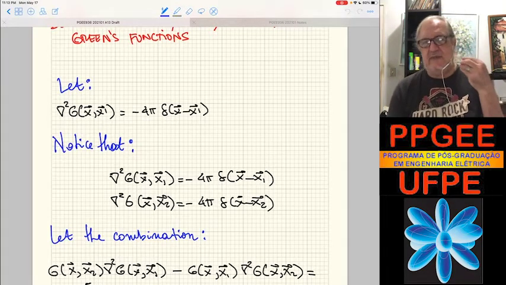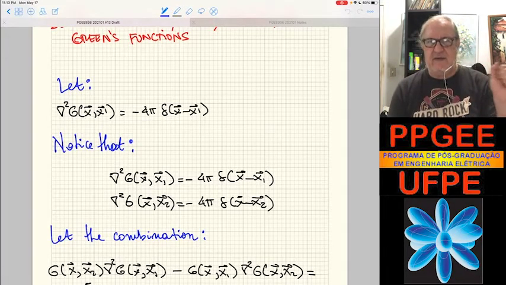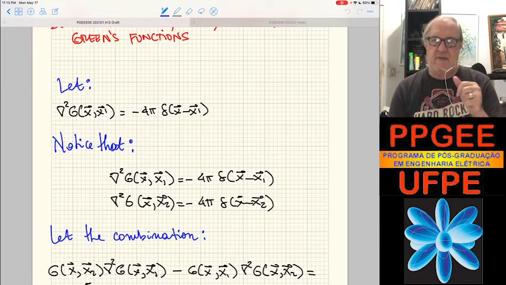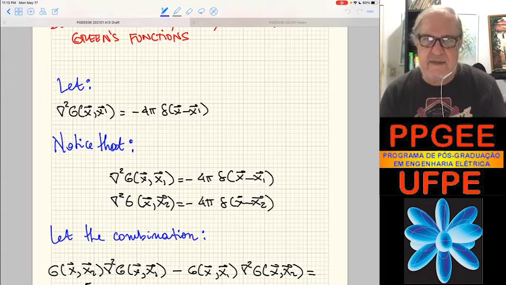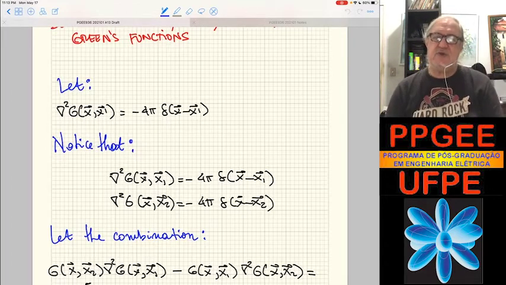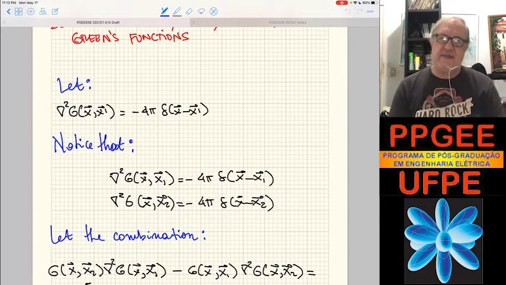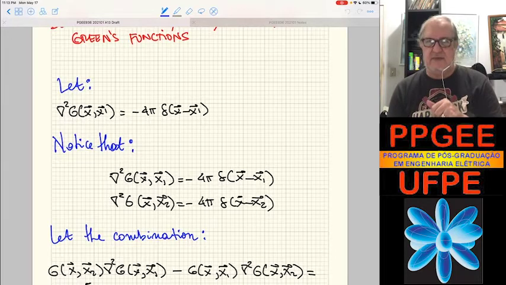We did use that property to solve a couple of complicated problems, but first I'm going to prove under what conditions the Green's function is symmetric. And then we are going to solve a problem where I could use the symmetry property, but I'm not going to use it. I'm going to show how to solve the problem anyway.